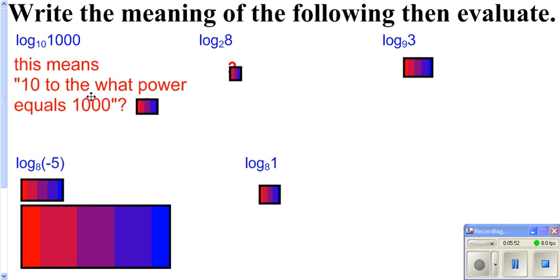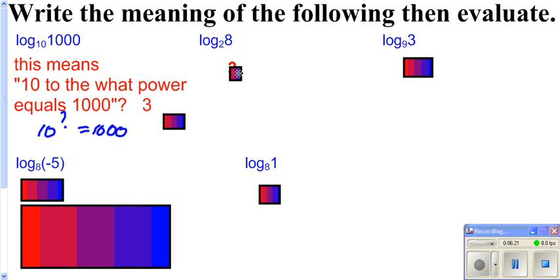For each one of these, you should probably think about what it means, and then go ahead and try to answer the question. So 10 to what power is equal to 1,000? In that case, it's 10 to the third power. So your answer is 3. So for each one of these, think about what it means and then answer the question.